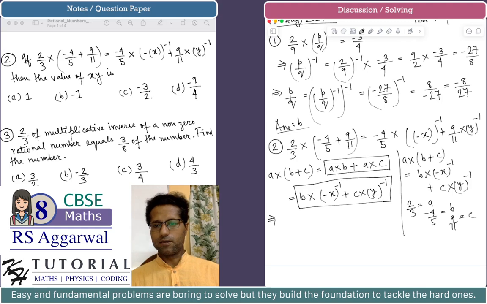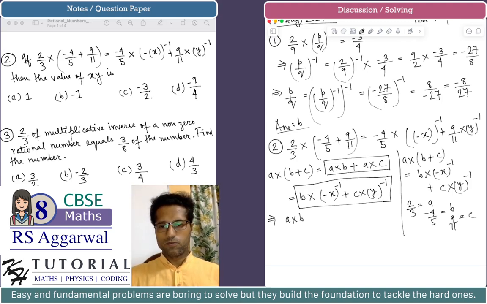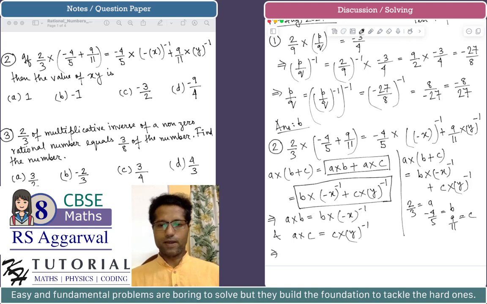Now if we compare the two terms clearly, we can say that a into b should be equal to b multiplied by the multiplicative inverse of minus x, and we should have a multiplied by c equal to c into y to the power minus 1.